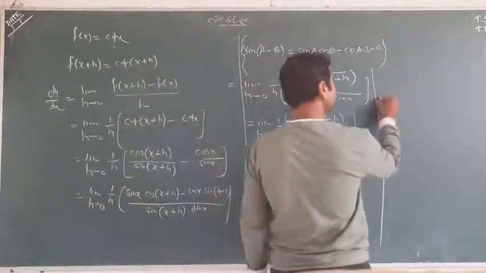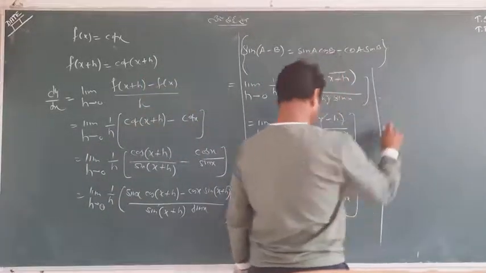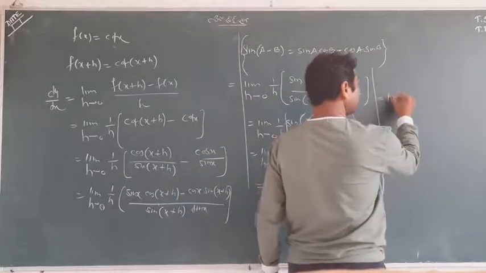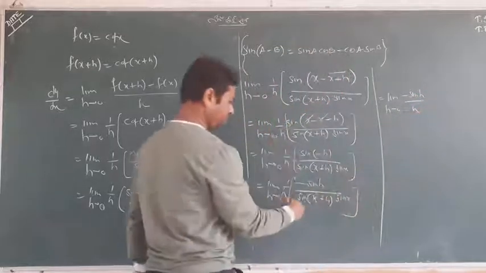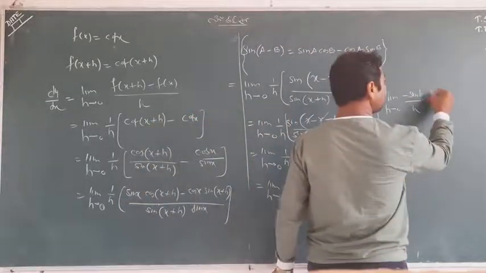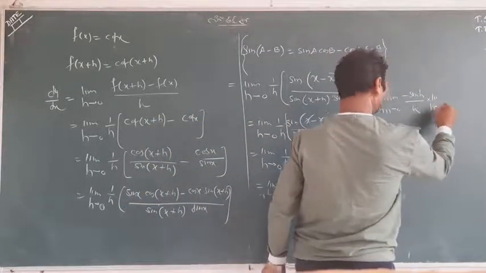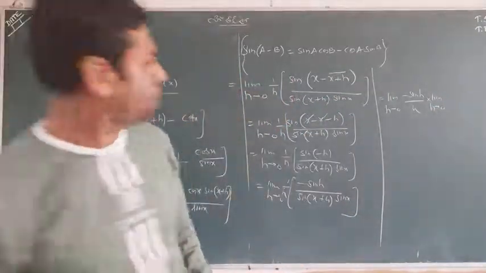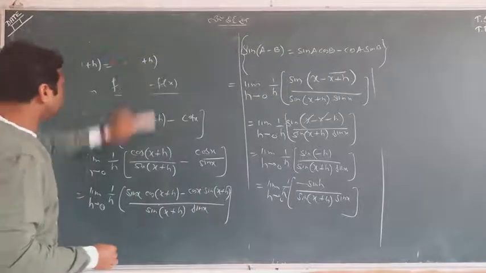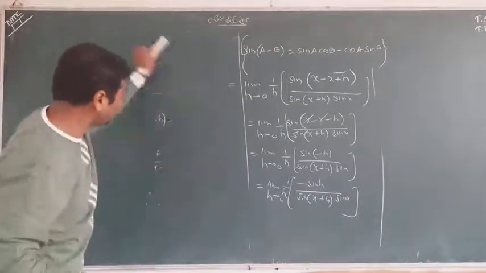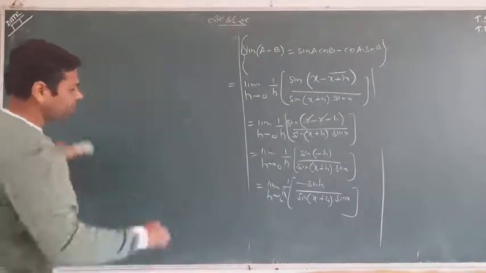So what will I do? That minus I will write upon h. Let me rub this portion because there is not sufficient place. Let me rub this whole thing, which you have already seen, and write here.